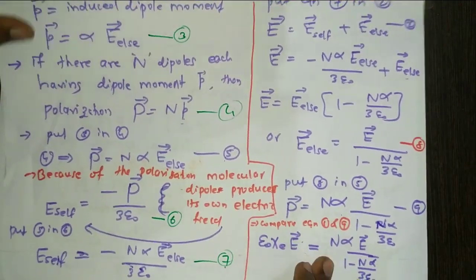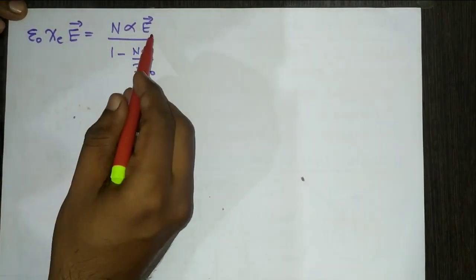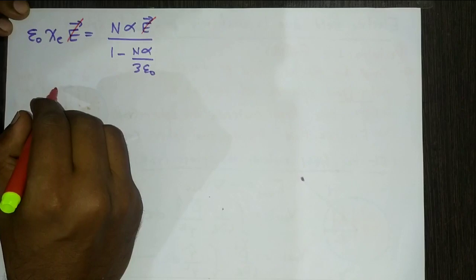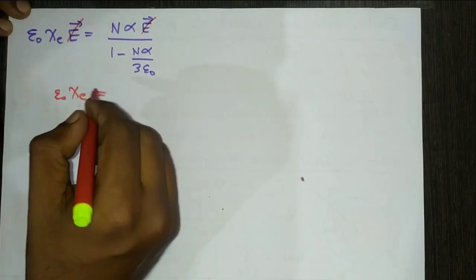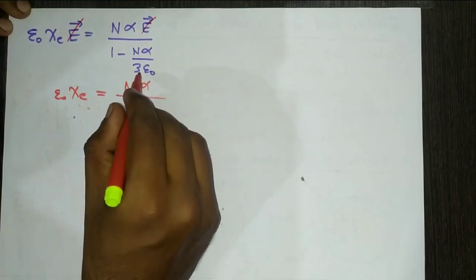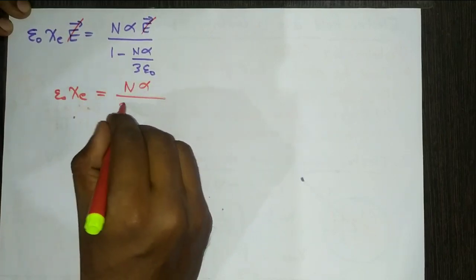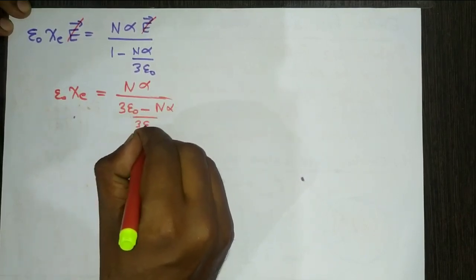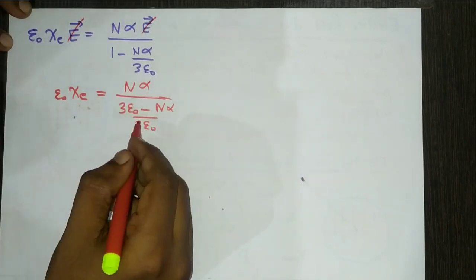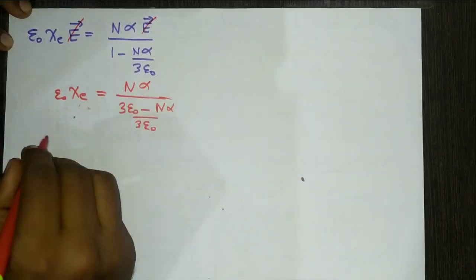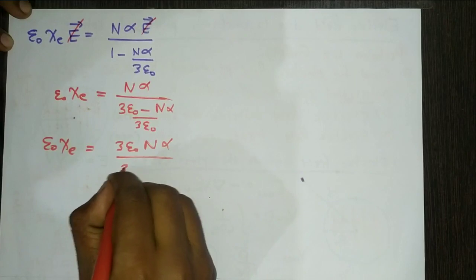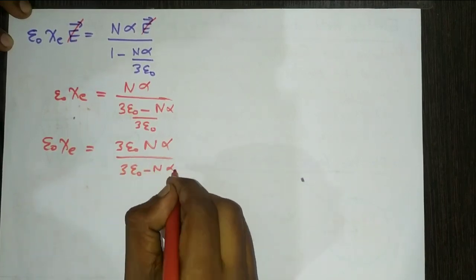Now rewrite this expression. The last equation is this one. Here E and E can be cancelled. The remaining term is epsilon 0 chi E is equal to N alpha divided by, I multiply the denominator, 3 epsilon 0 minus N alpha divided by 3 epsilon 0. 3 epsilon 0 comes in the numerator. Epsilon 0 chi E is equal to 3 epsilon 0 N alpha divided by 3 epsilon 0 minus N alpha.